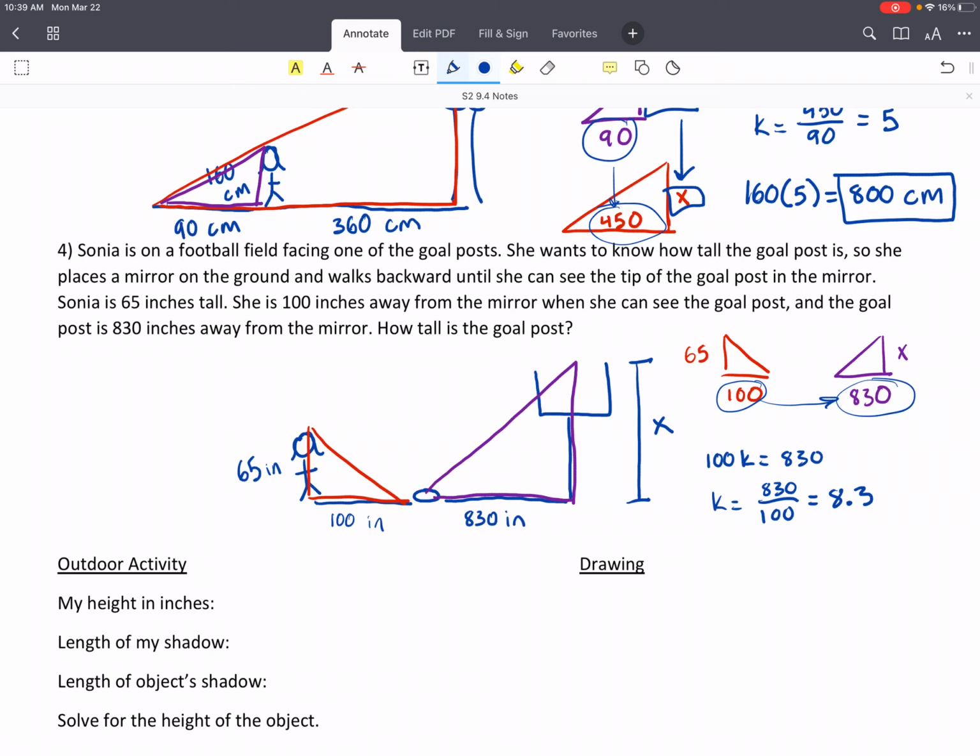And now we're going to multiply that 8.3 times 65. We get 539.5 inches.